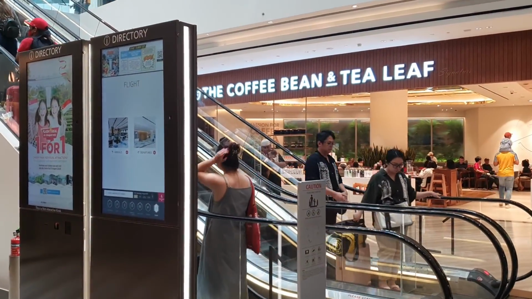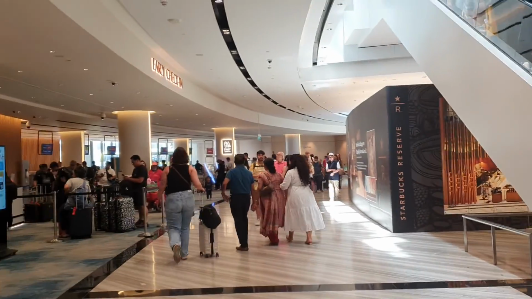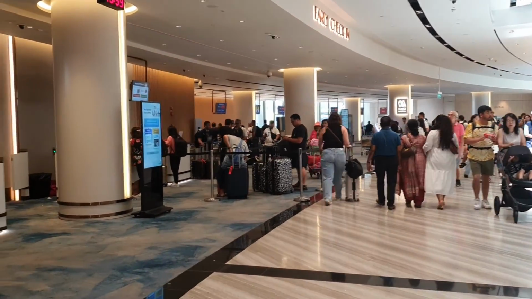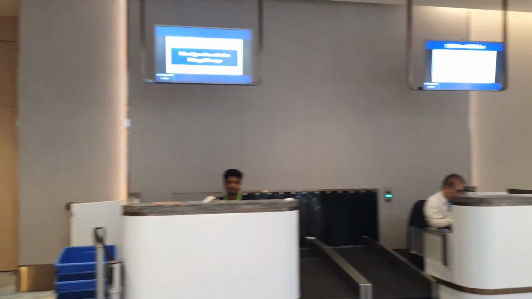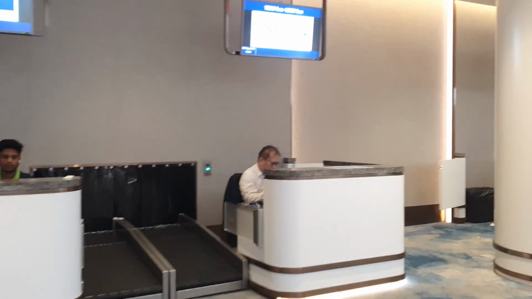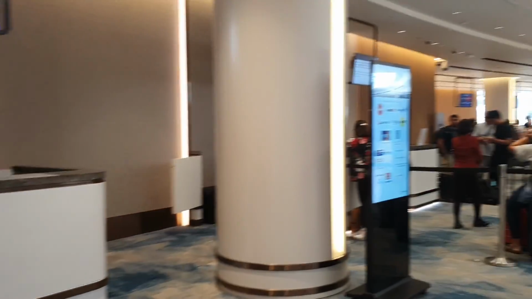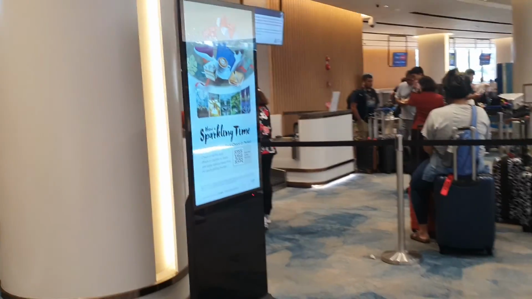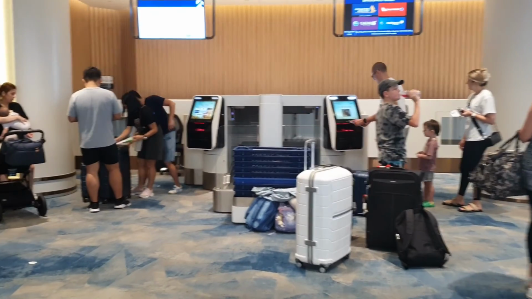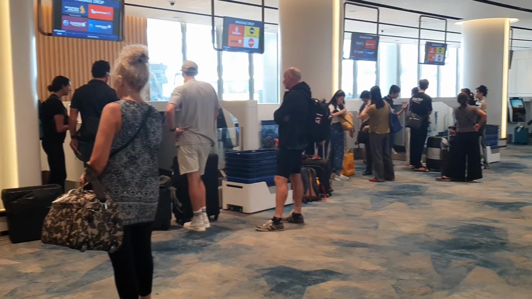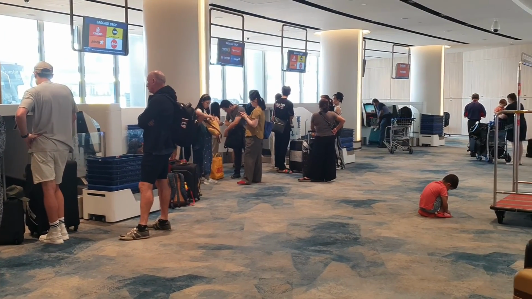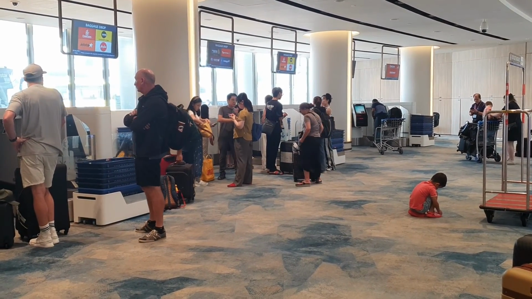It's just opposite this coffee place. And they do have some manned counters for Air France and Finnair. They also have a baggage drop so that you don't have to worry about what to do with it, so you don't actually have to go and leave it at the baggage place.